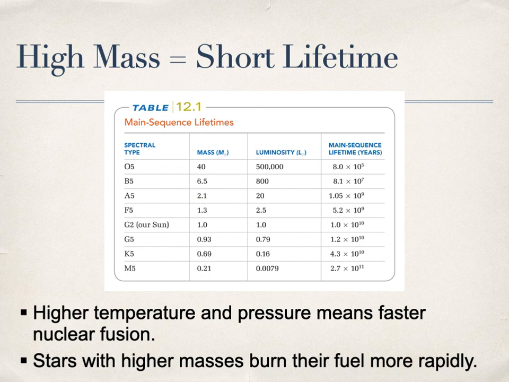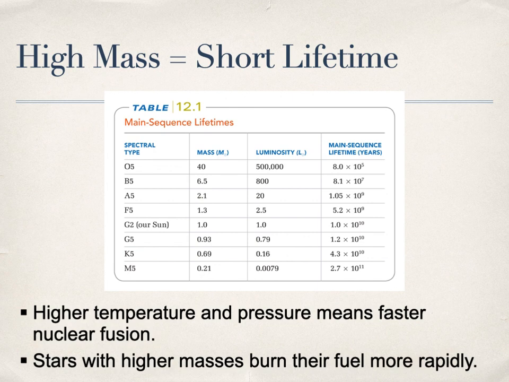High mass stars are incredibly luminous, but also look at the amount of time they live for. Their time on the main sequence is essentially the time that they're fusing hydrogen into helium, and it's when that hydrostatic equilibrium is balanced. So for an O-type star that's like 40 solar masses, we're looking at 8.0 times 10 to the 5 years.